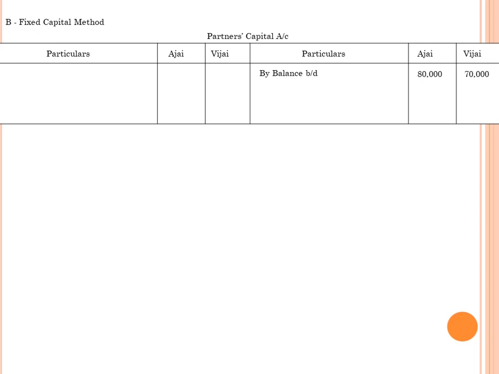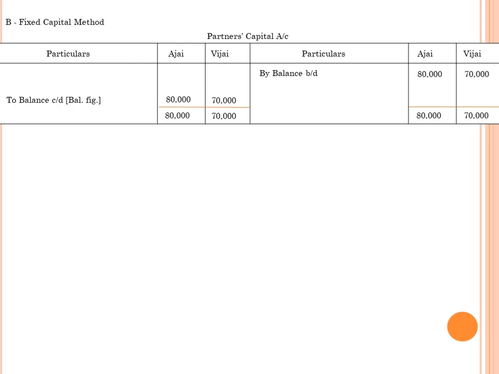In this problem, we don't have any additional capital or any capital withdrawal in the middle of the year. So the total is 80,000 and 70,000. The same value you put on the debit side, 80 and 70, and find the closing balance. To balance carried down, 80,000 and 70,000, Ajay and Vijay.